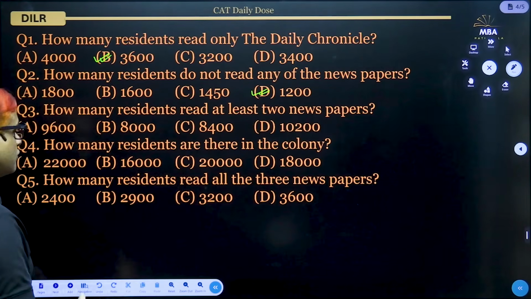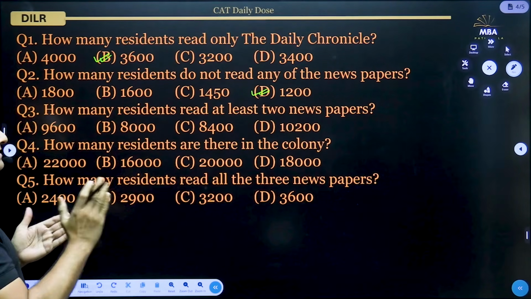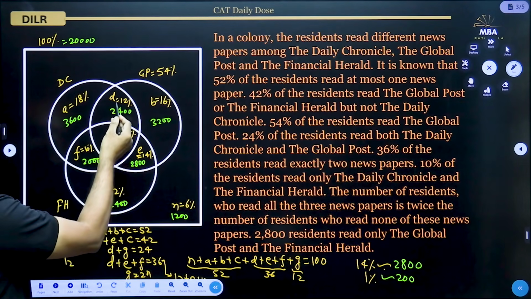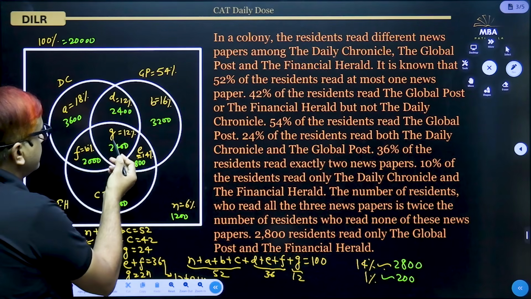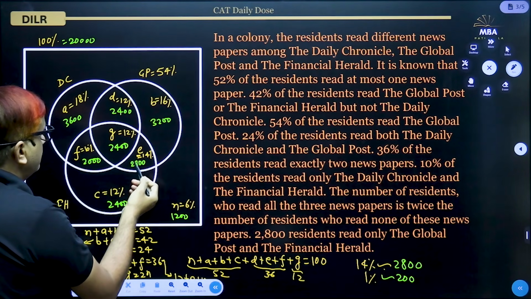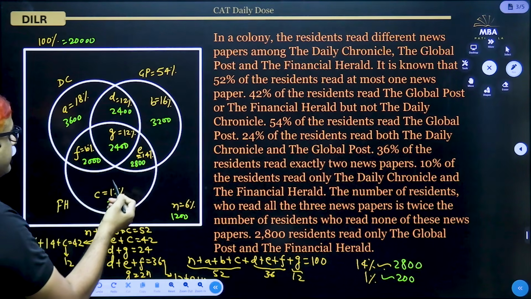How many residents read at least 2 newspapers? So at least 2 newspapers, that includes 2 newspapers as well as 3 newspapers. So 2 newspapers, that is D, E and F, and all the 3, that is G. 2400, 2400, 2000, 2800. So that is actually 9600.